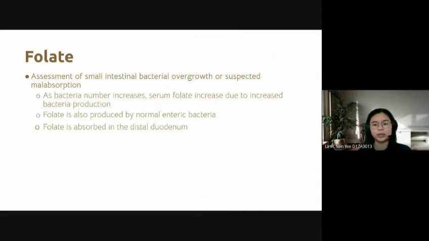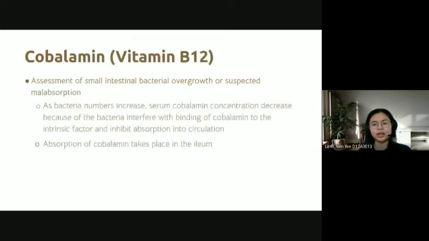It is absorbed in the distal duodenum, thus decreased folate level may be associated with malabsorption in the distal duodenum. Serum cobalamin or vitamin B12 level allows the assessment of small intestinal bacterial overgrowth or suspected malabsorption.